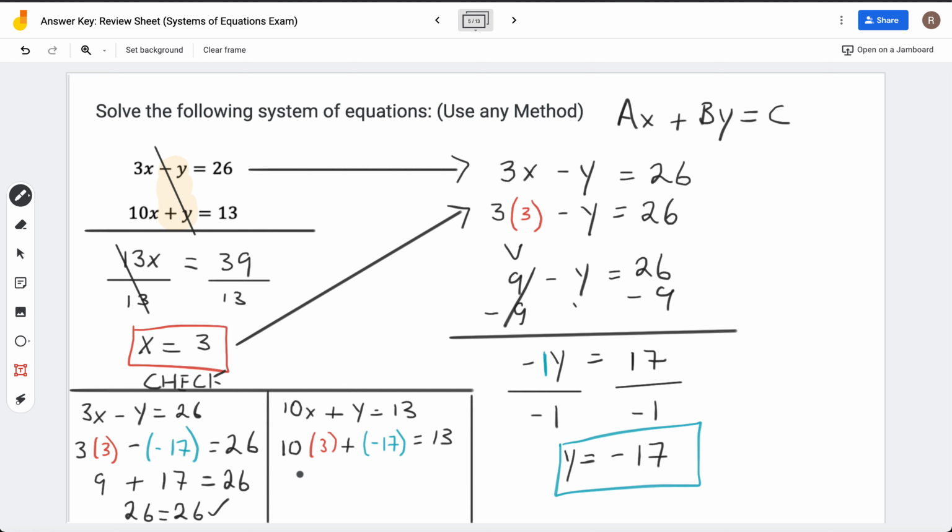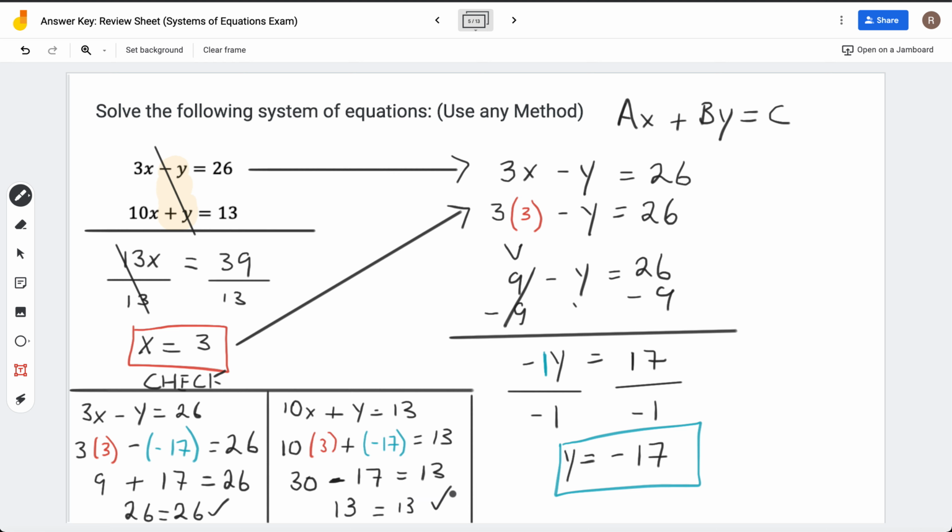So 10 times 3, that's 30. Now we have this positive and a negative. If you have a plus sign outside of a number with a negative sign, it's the same as multiplying a positive and a negative number. A positive and a negative is a negative number. So we say 30 minus 17 is equal to 13. Now we can simplify. 30 minus 17, that is in fact 13. So 13 is equal to 13.